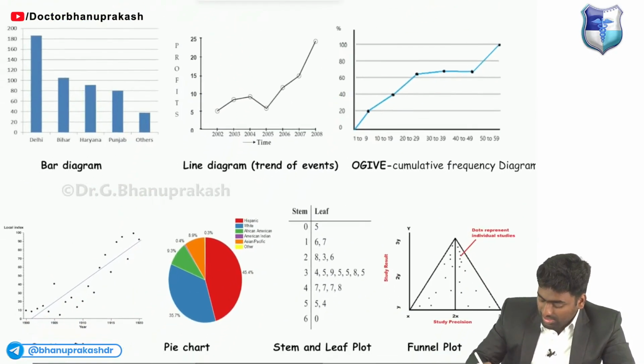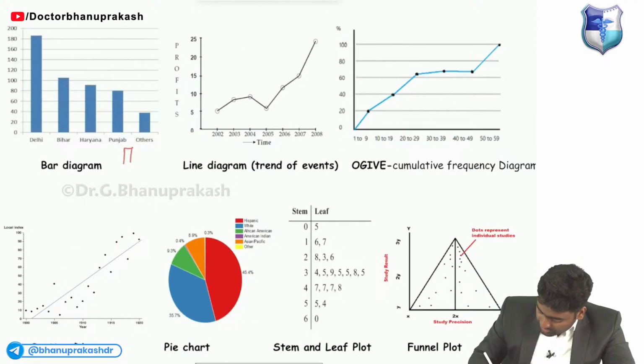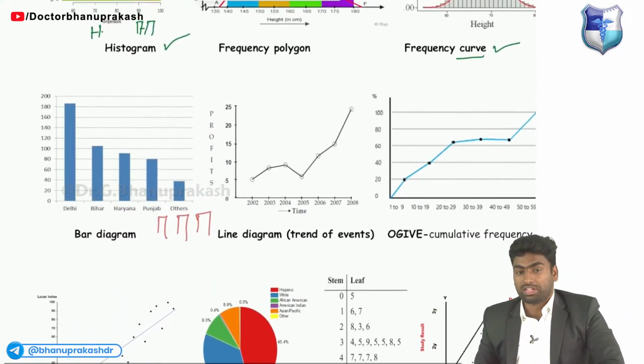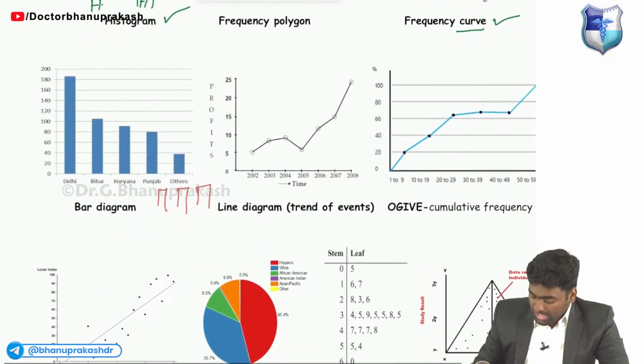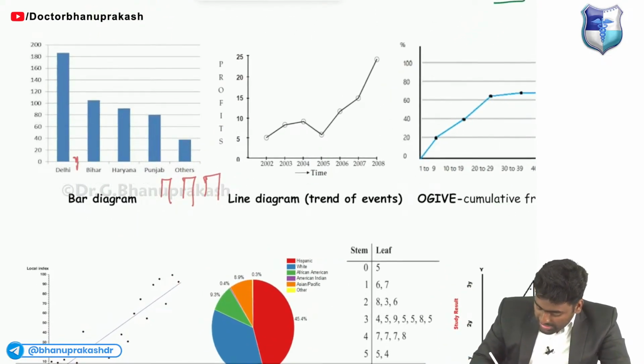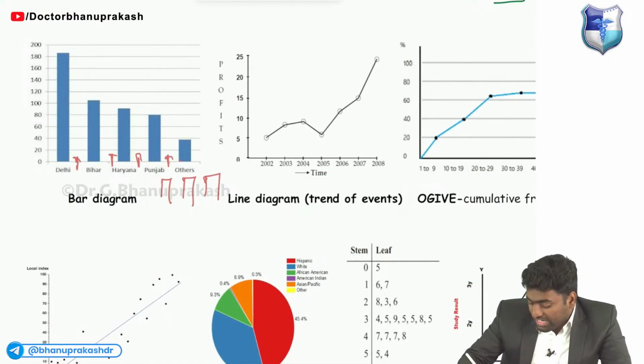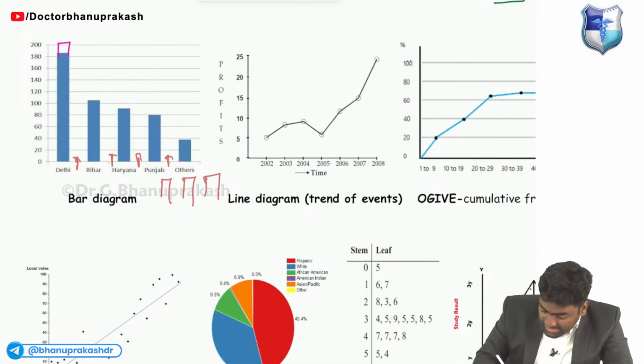And next, if you see bars, but they are not quantitative variables or frequencies, then it is the bar diagram, which has discrete variables, okay. There are different types of bar diagram. If it is the same bar in two colors, it is the component bar diagram.